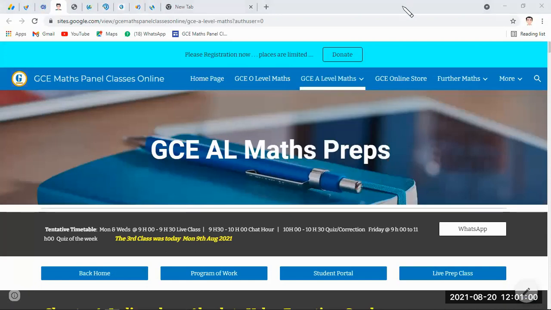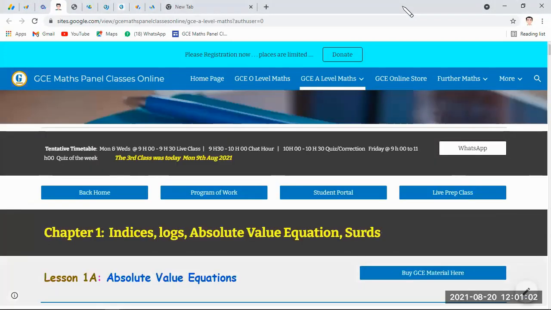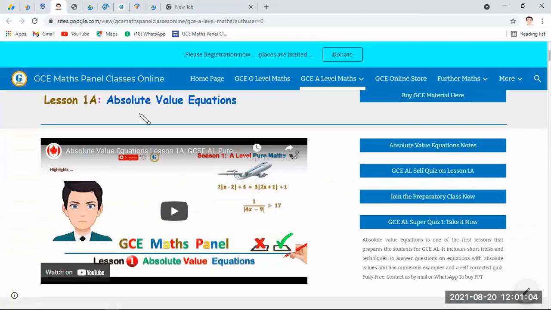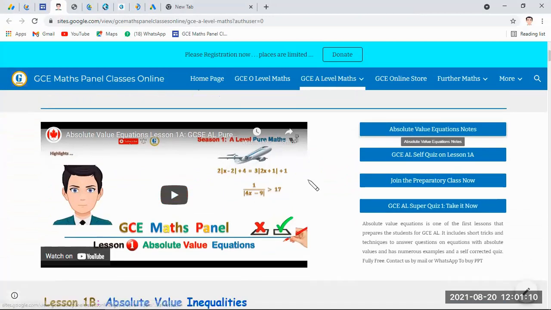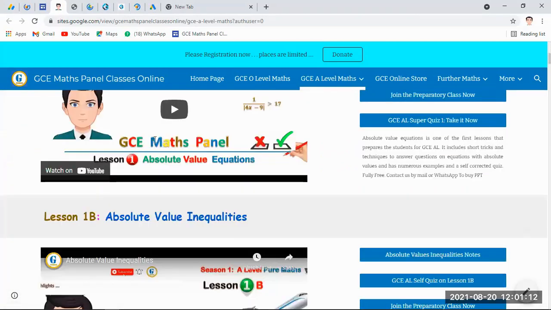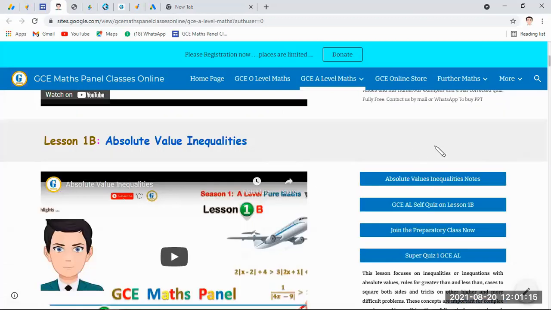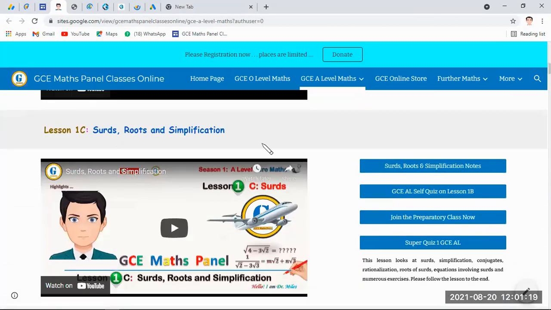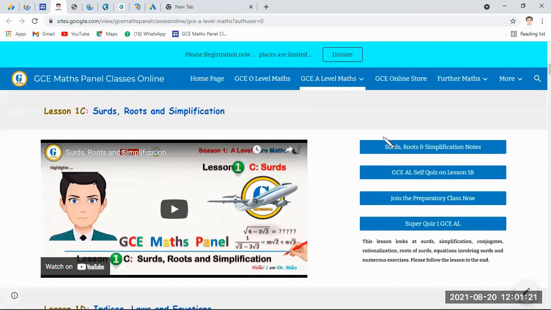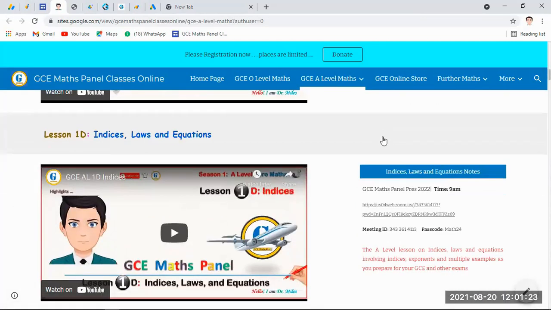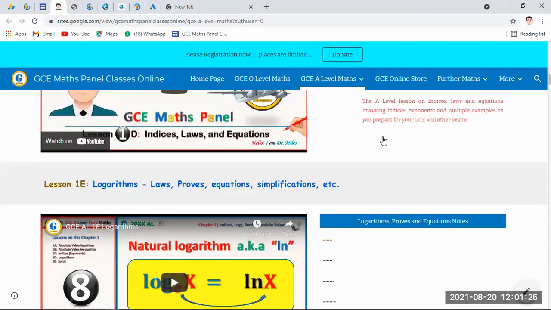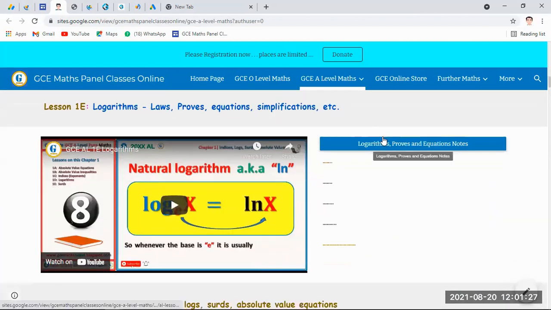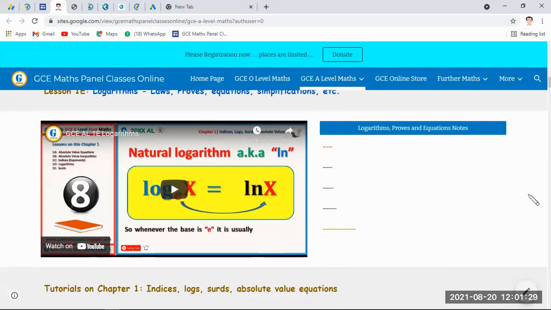For this week, these are the lessons we have already covered: absolute value equations, with notes, and absolute value inequalities. We have looked at surds, roots, and simplification. We have looked at indices, the laws of indices and equations involving indices, as well as logarithms. The notes of logarithms are there, but the quiz is not yet there.